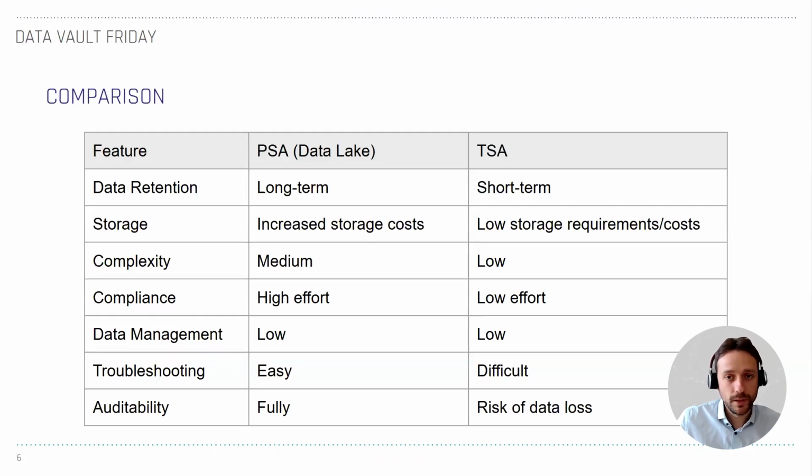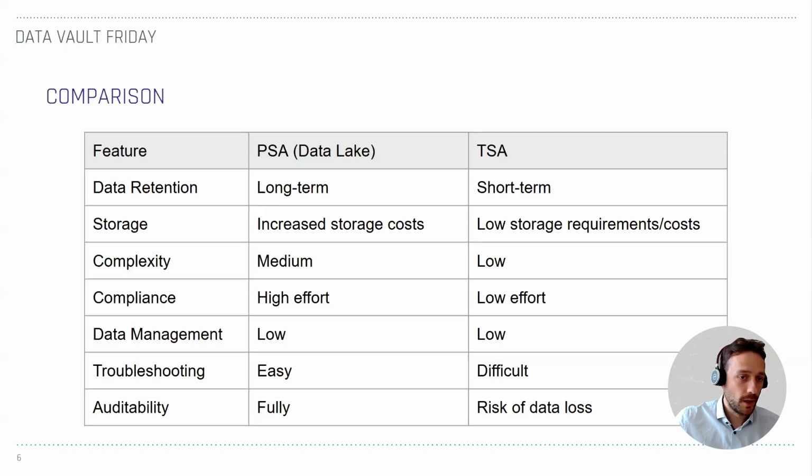PSA with TSA, and I'm going to assume that the PSA is on a data lake. So first point, data retention. On a persistent staging area, of course, it's long term. On a transient stage, it's short term. Storage: on a PSA, there are increased storage costs, but again, there are possibilities to reduce the costs.